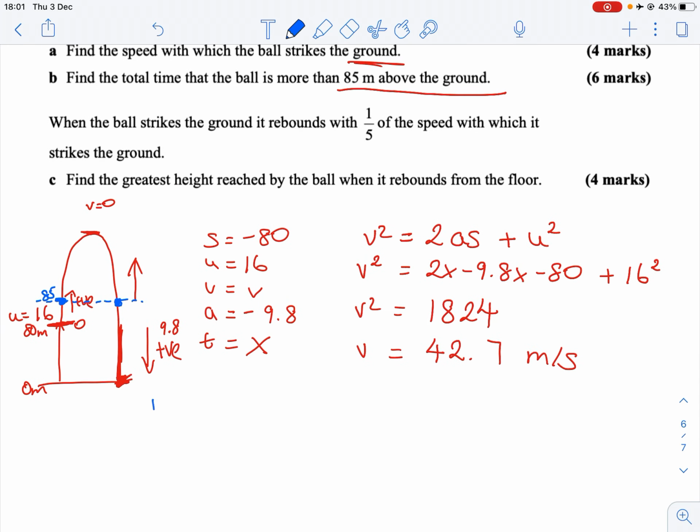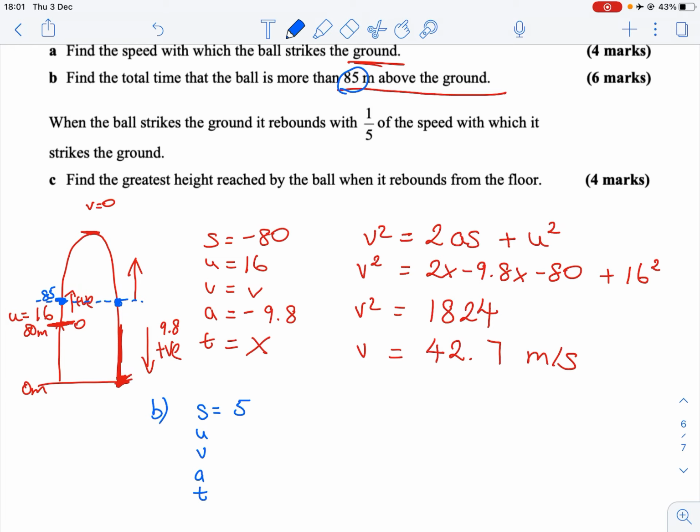So again, for part B, we do our SUVAT. We need to find the two times. Our displacement is 85, so our S is going to be 85.